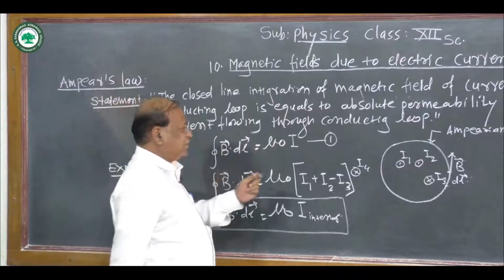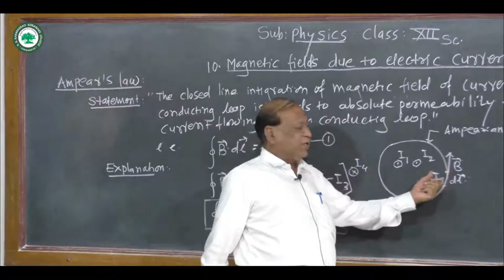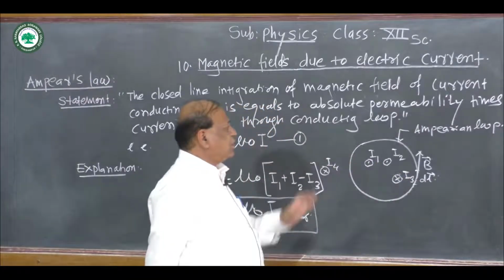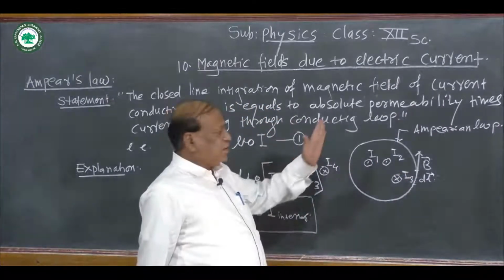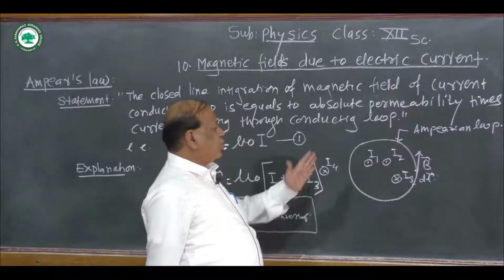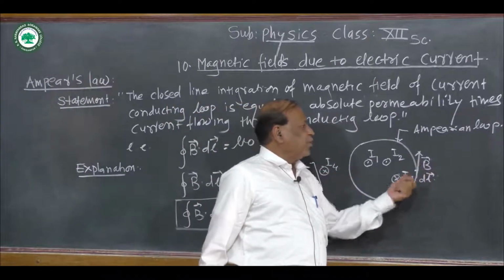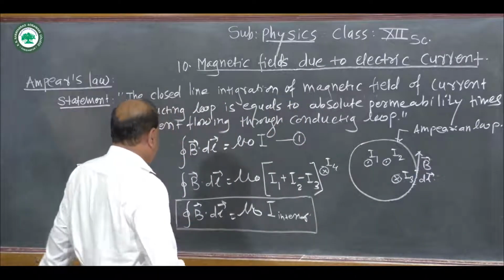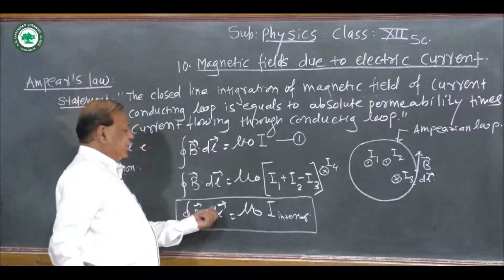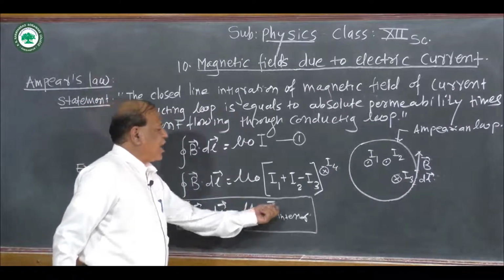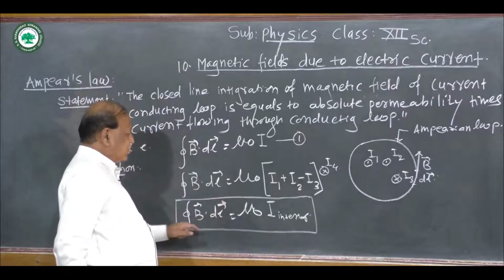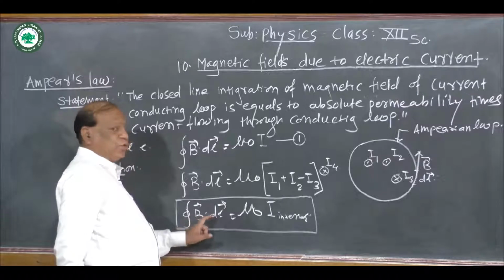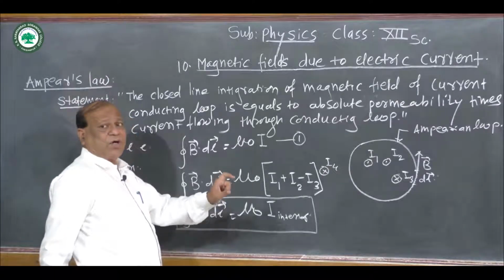Now if this magnetic field B and this length element dl are tangential, that is parallel, then the angle between them theta will be 0, and we can write this line integral B dl is equal to mu 0 I interior. Now solving this dot product, the value of B bar dot dl is equal to B dl cos theta.